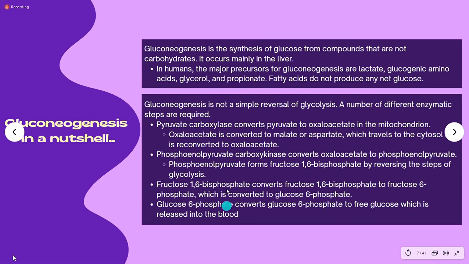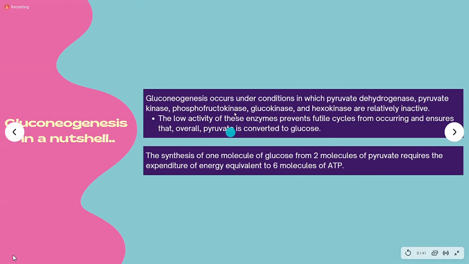Then to continue, gluconeogenesis occurs under conditions in which pyruvate dehydrogenase, pyruvate kinase, phosphofructokinase, and glucokinase and hexokinase are relatively inactive. The low activity of these enzymes prevents futile cycles from occurring and ensures that overall pyruvate is converted to glucose.